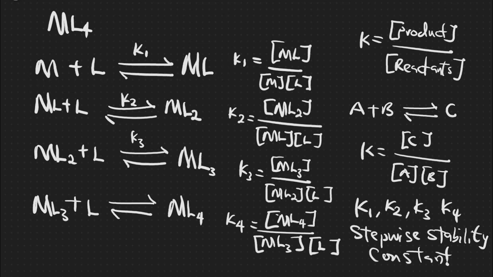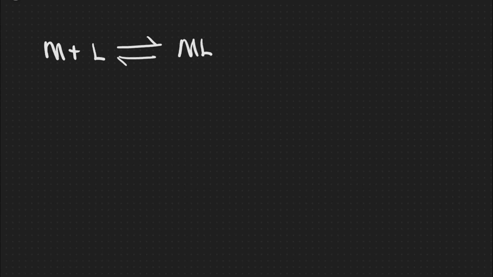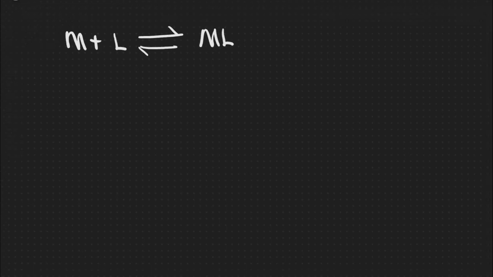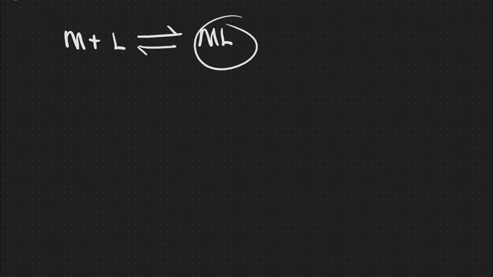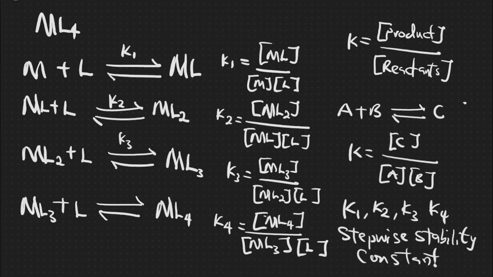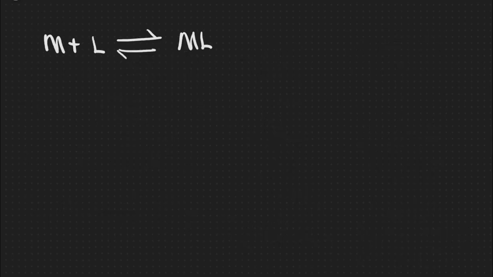But there is, however, a different way of looking at this. Instead of reacting one ligand at a time to produce this product, there is another way of doing it. For the first step, we can use the metal plus a ligand, which is always a reversible reaction, and it will give us ML. Then instead of carrying this and adding it to another ligand, why can't we just add a metal plus two ligands to give us ML2?